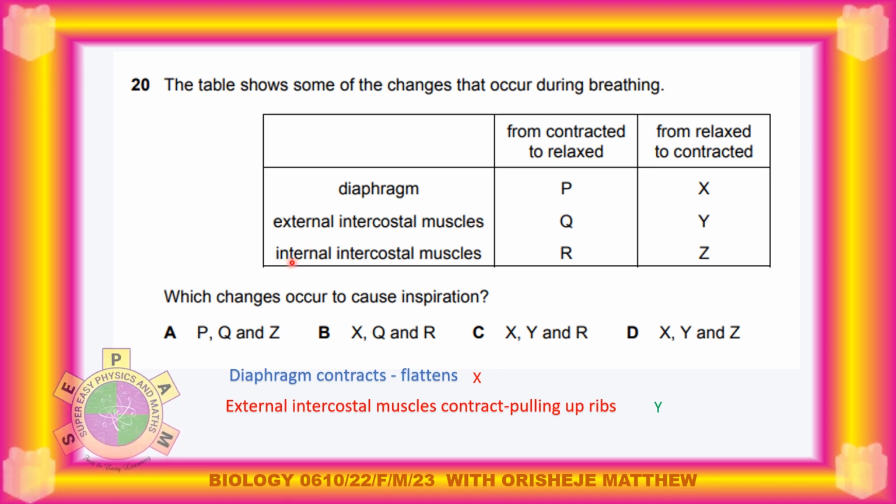Then the internal intercostal muscle is going to relax, so that the space inside your thoracic cavity can increase. So we have contract, contract, relax. So the answer is C.